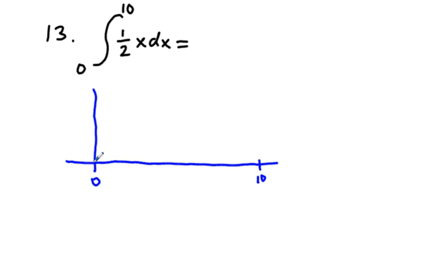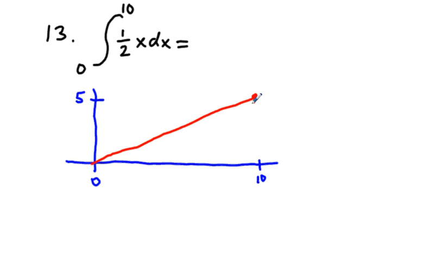Well, slope of 1/2 is going to be a rise over run of 1 over 2. So to go over 10, we're going to have to go up 5. Right, that's going to be a slope of 1/2. And so we're going to go all the way to here with our function 1/2 x. Y equals 1/2 x.